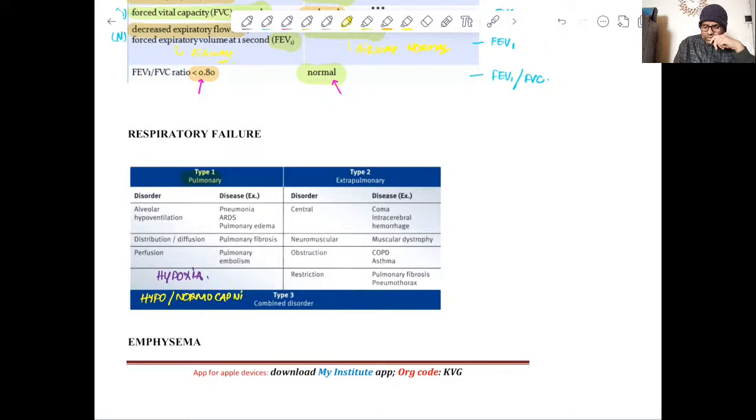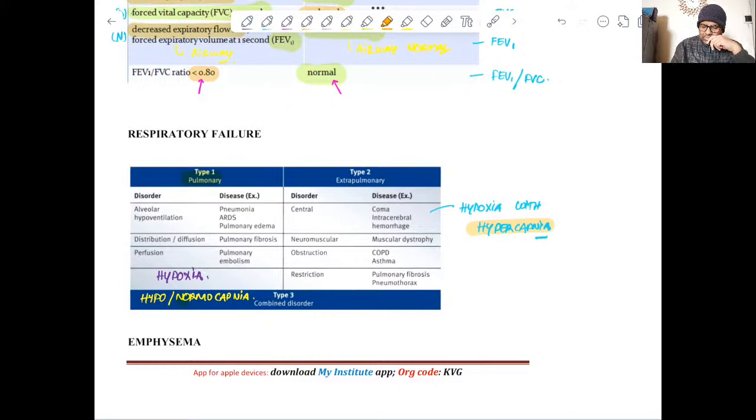So CO2 is not affected here, but it is in type 2 where we find hypoxia with hypercapnia. So this is a difference between the two. In the second variety, there is increased CO2, PCO2, right? So here it is normocapnia.